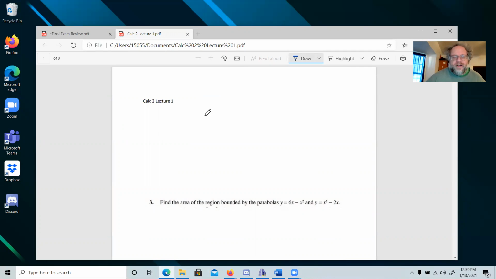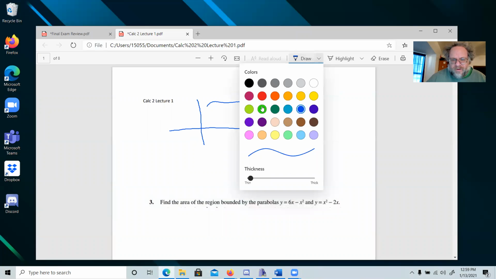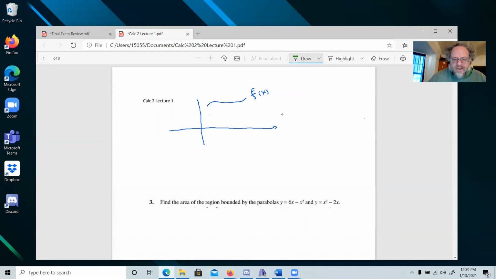So this is the area between 2 curves. The idea here is we're going to have some kind of a coordinate axis, and you're going to have an f of x, and then maybe a g of x down here.